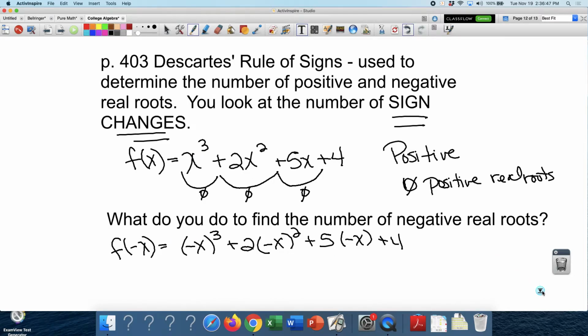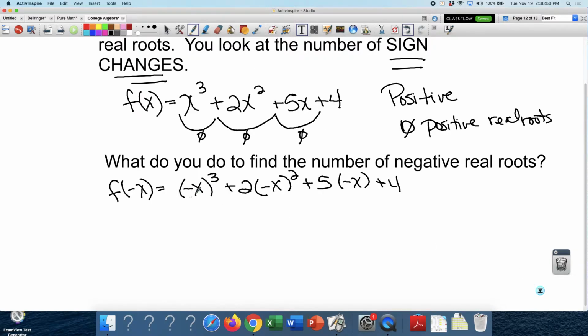Now, in order to check the sign change, we have to really work these out. So, negative x cubed will remain negative. Any negative x to an odd power will remain negative. A negative x to an even power becomes positive. Negative x to an odd power stays negative.